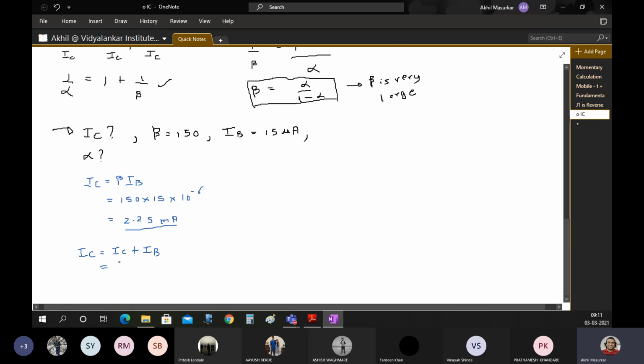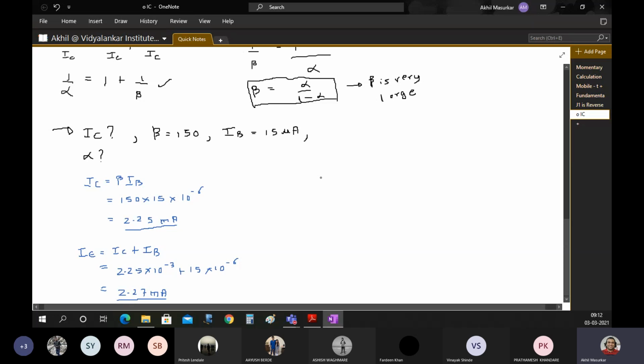So IC we just calculated is 2.25 into 10 raised to minus 3 plus 15 into 10 raised to minus 6. Whatever this value is, that is IE, and I think that will come to 2.27 milliamperes. Slight increase in the value of IE.